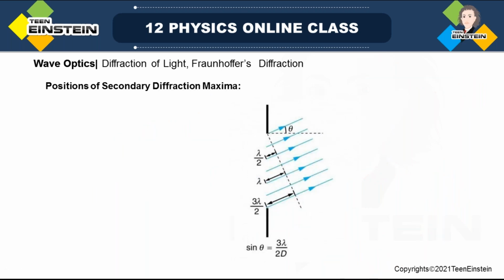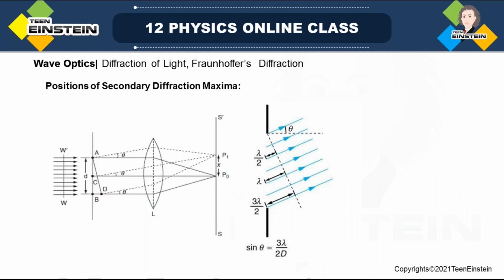So how do we get the condition for secondary maxima? Secondary maxima means this one. You will get minima over here, here P1 prime suppose, and this will be minima, and in between again maxima here.